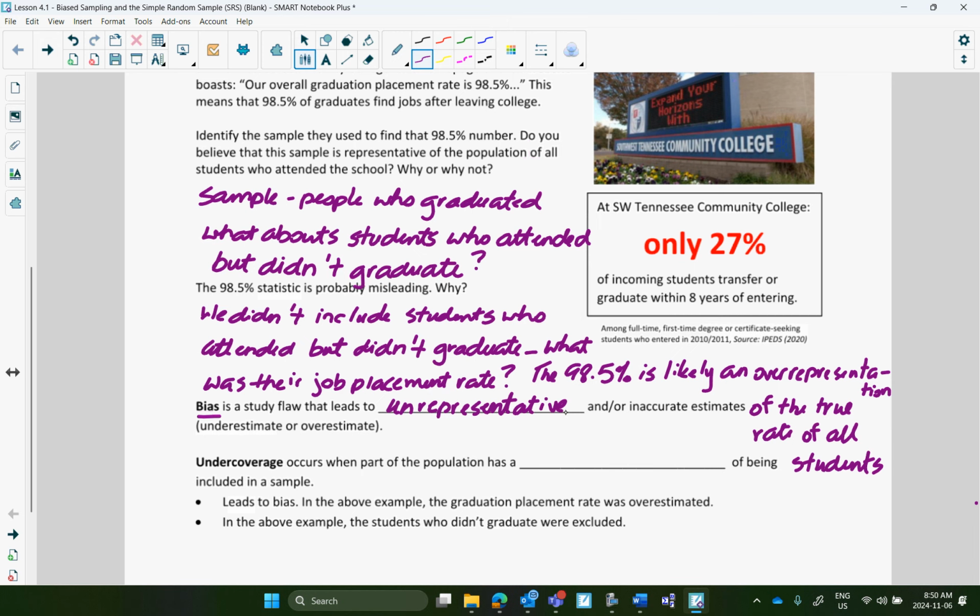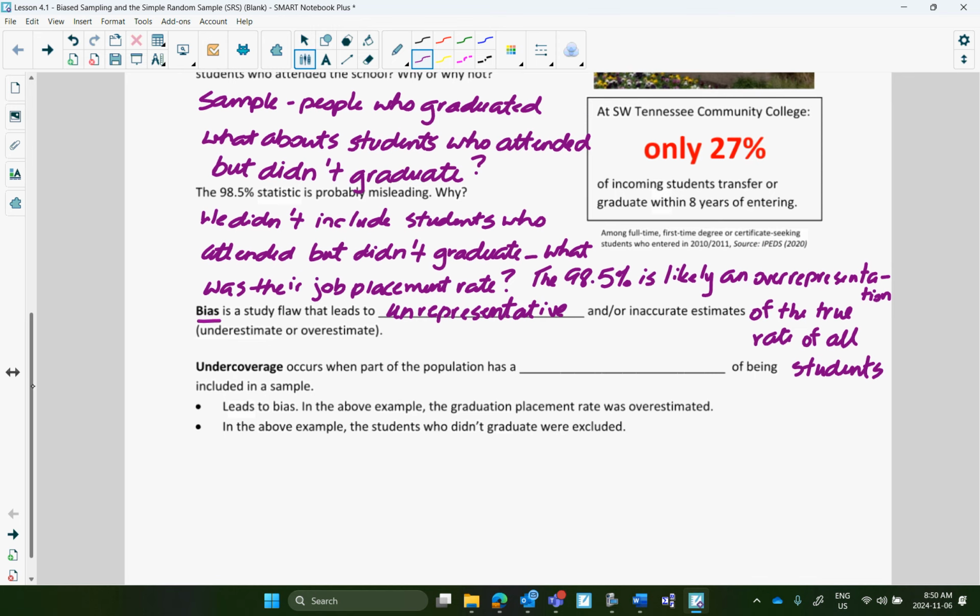There are different types of bias. And what happened in here, assuming that we want to know about all students attending the college, not just those that graduated, was something called undercoverage. Okay? And undercoverage happens when part of the population has a reduced chance of being included in the sample.